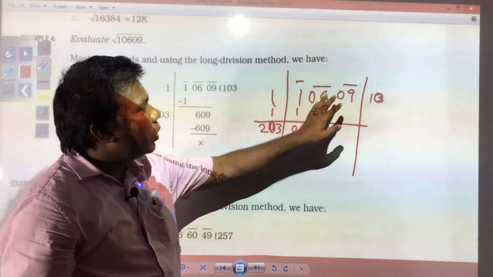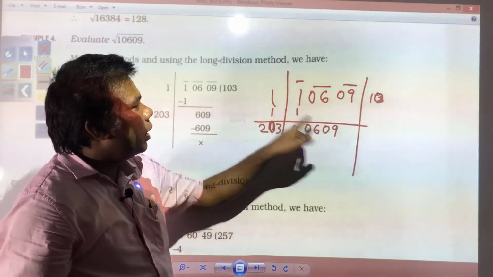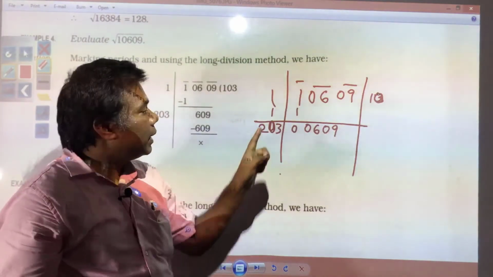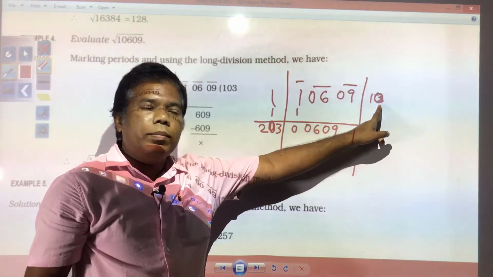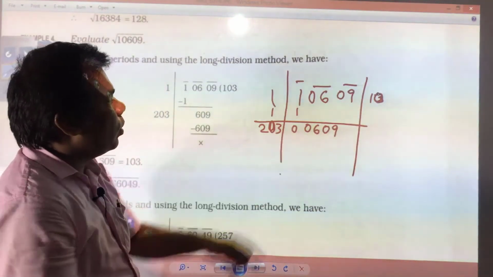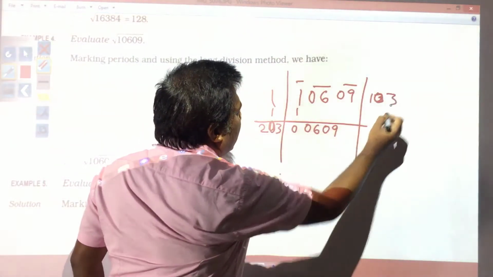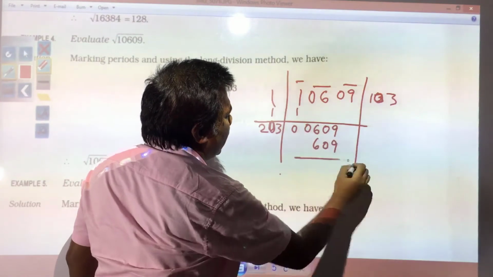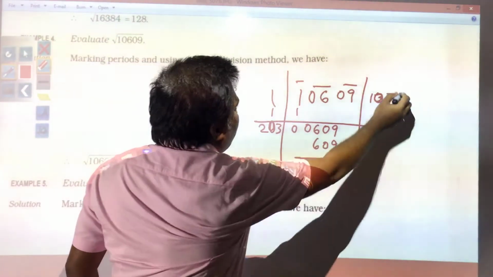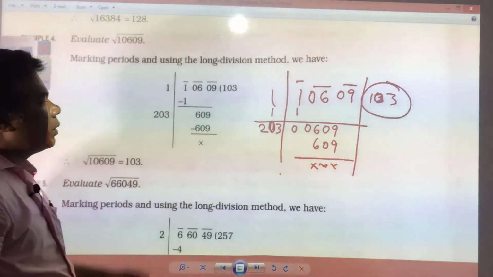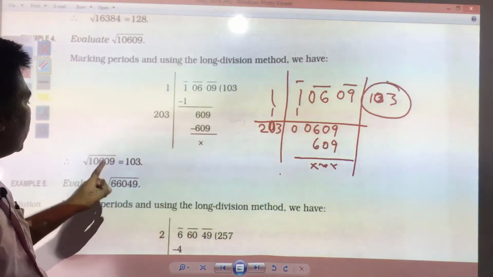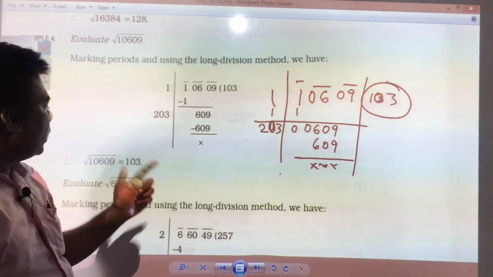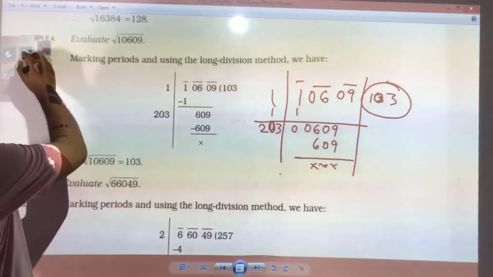For taking down the next period, here you need to put 0, and since here you are putting 0, in the quotient also 0 is required to be put. And then you multiply by 3, what will you get? The same number 609. So you have got 103 as the square root of 10,609, and that 103 will be your answer.